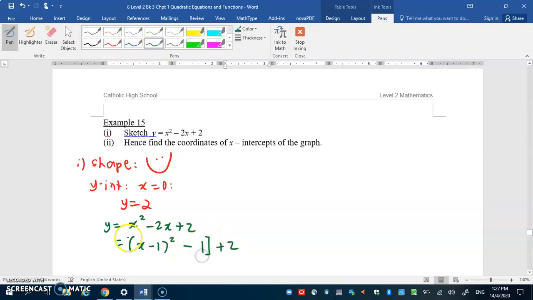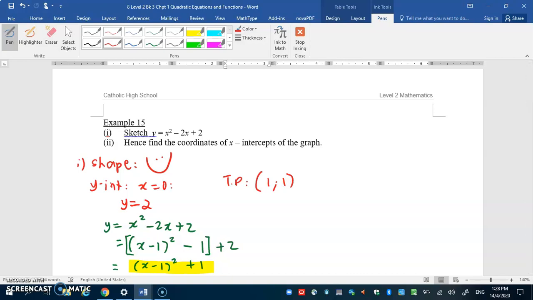Okay, this rectangular bracket is your x squared minus 2x. So when I simplify this, I will get x minus 1 whole thing squared plus 1. Now, this is my completed square form. And from this form, what is my turning point? My turning point is immediately 1, 1. Excellent. It is so easy to find the turning point, right?